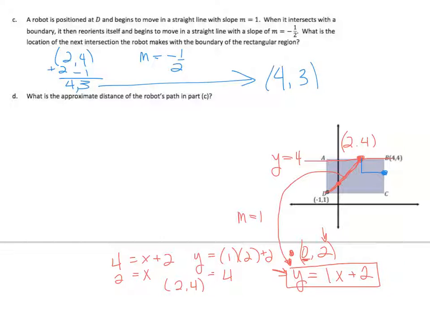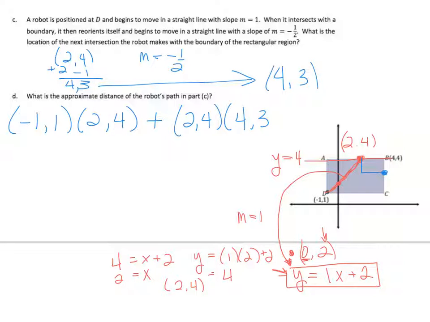Cool. What is the approximate distance of the robot's path in part C? So I'm starting with, this is where the robot started and ended the first time. And then the robot started there and ended there. So I'm really doing two distance formulas.